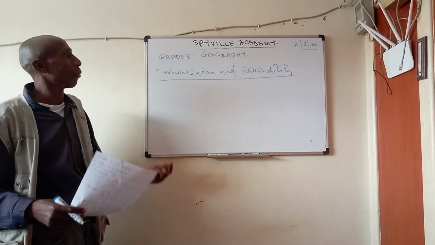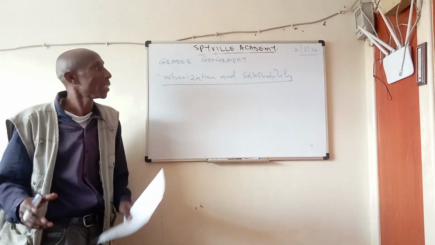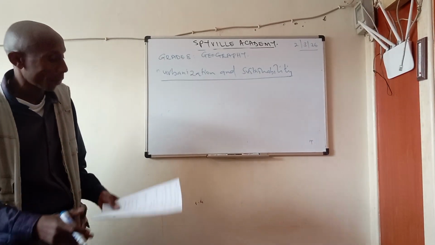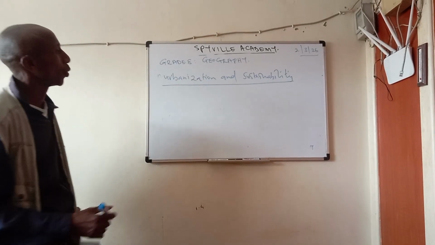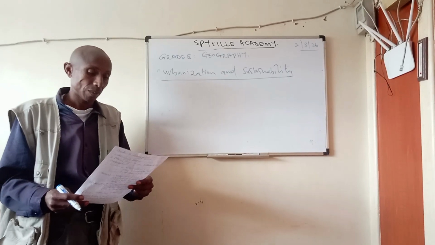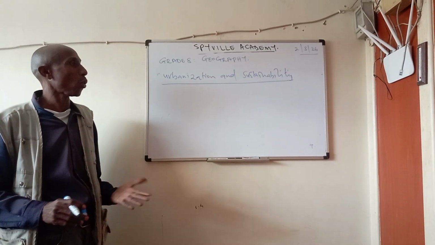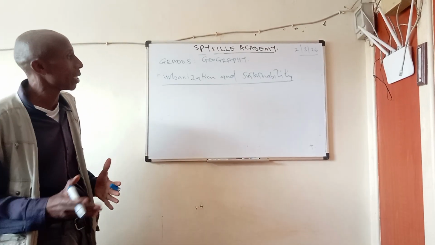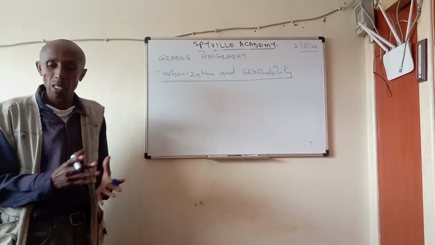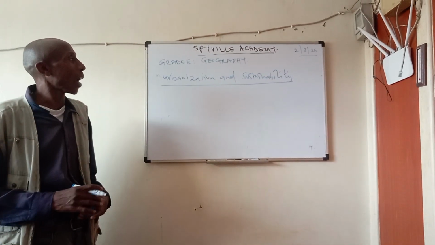It's normally influenced by movement from rural areas to towns. There are various factors that lead to urbanization. Within a given area, people move from rural areas to towns in search of jobs, and it may lead to urbanization.